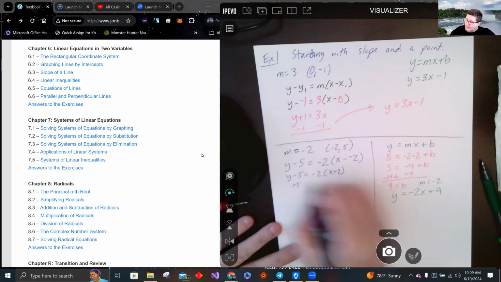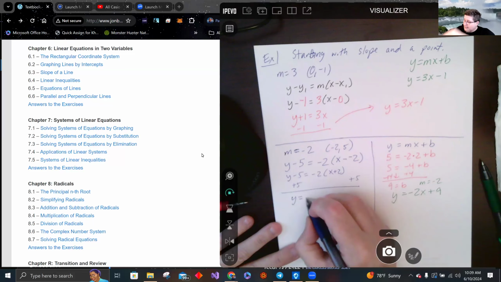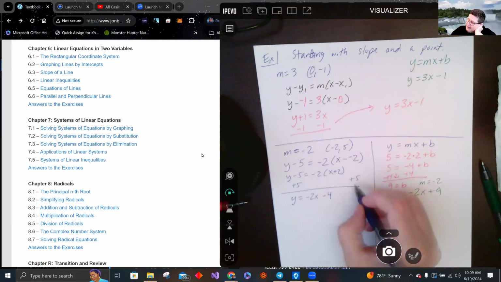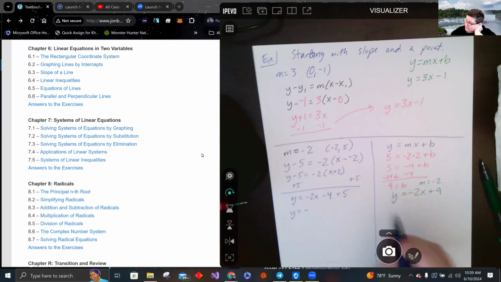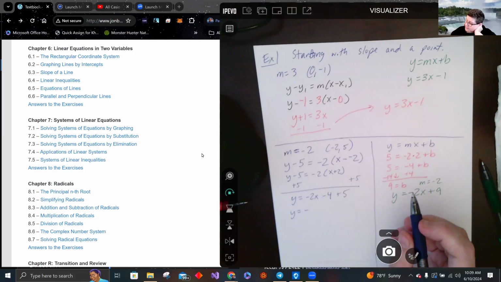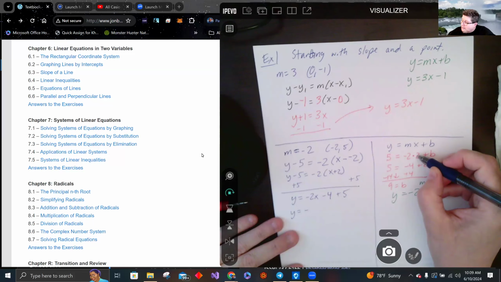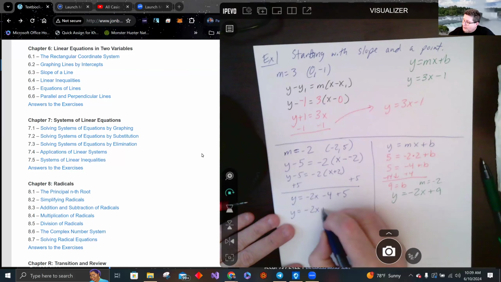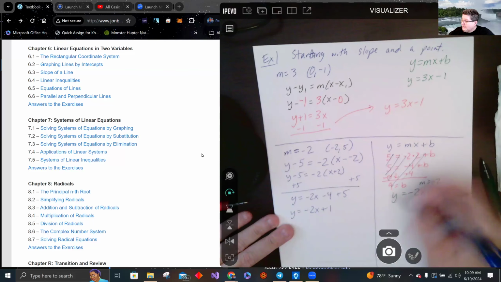I am going to distribute while I add. -2 times x is -2x. -2 times 2 is -4. And then I add 5 to both sides. And I get y equals negative. Something's off here. I didn't use -2 here. I'll fix that in a second. I get -2x plus 1. I already made a mistake here. I gotta fix that.